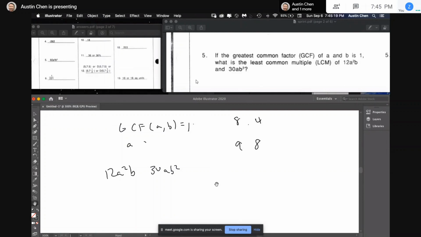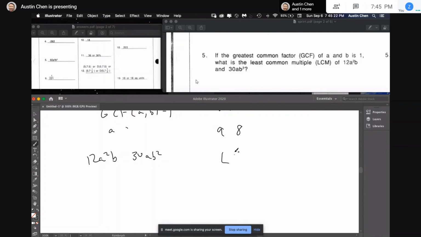Like if you had the least common multiple of 2 squared times 3 squared and 2 cubed times 3, the greatest power of 2 is 3, so we have 2 cubed in our least common multiple. Then for 3, its highest power is 3 squared, so we have that too.